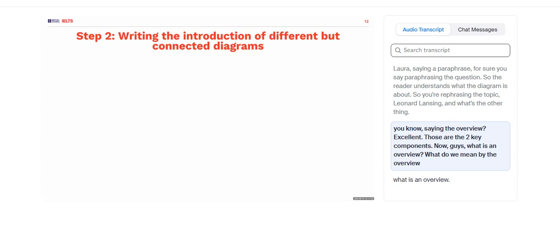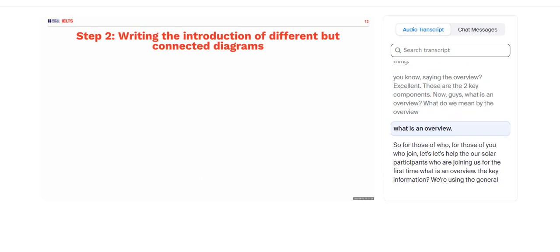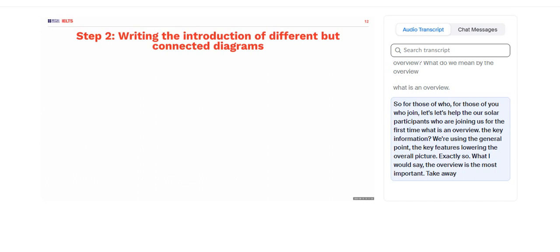Those are the two key components. Now, what is an overview? What do we mean by the overview? For those of you joining us for the first time, what is an overview? The key information, Maria says the general point, the key features, Laura says the overall picture.